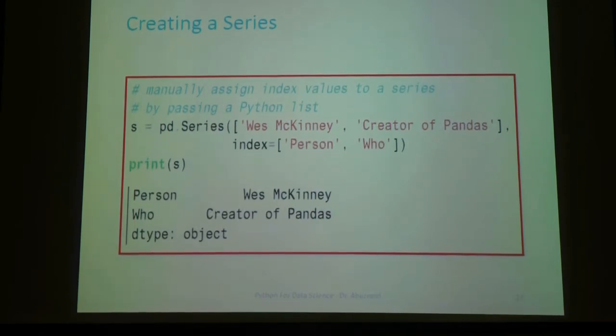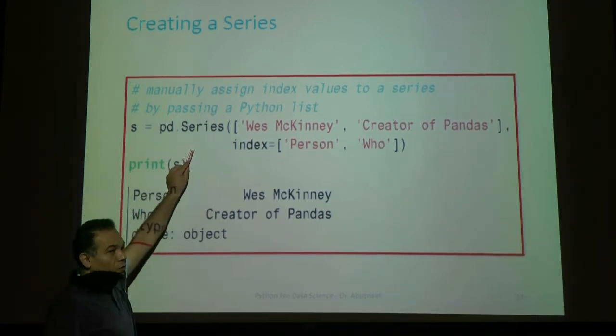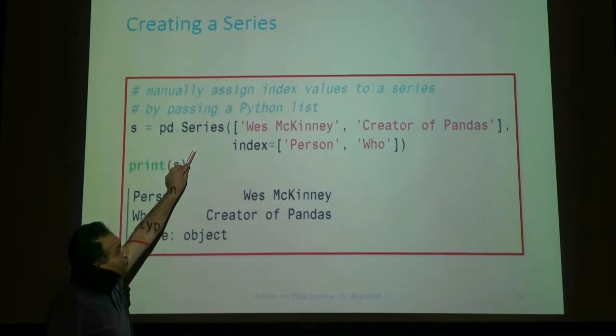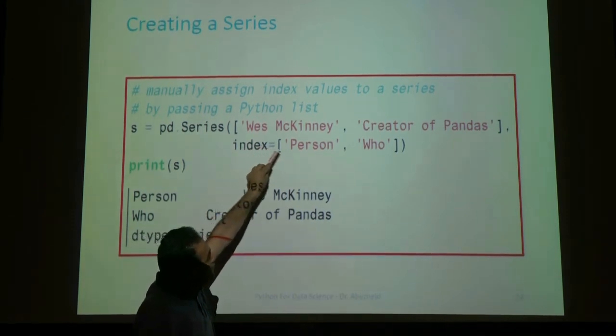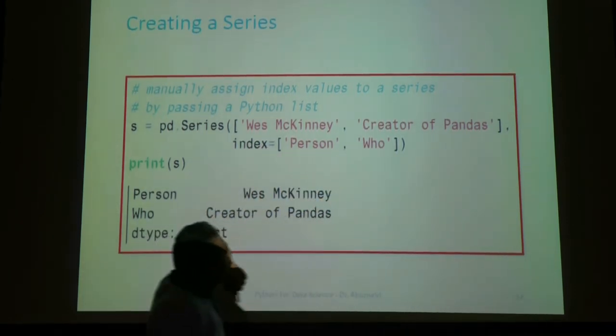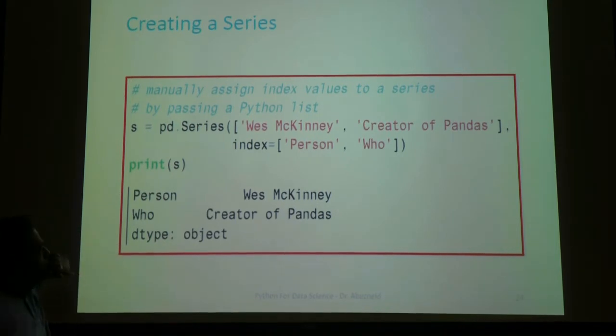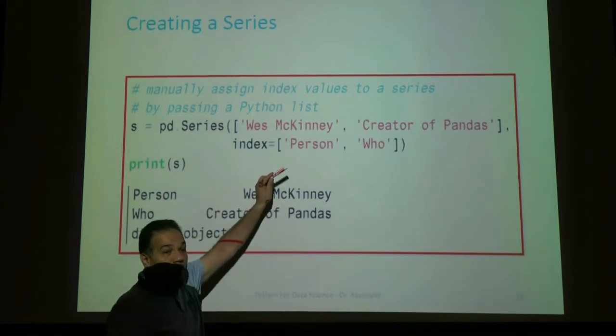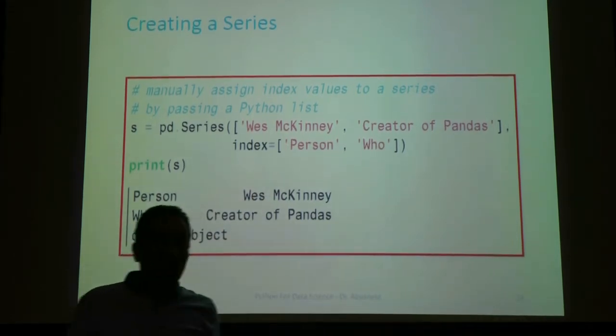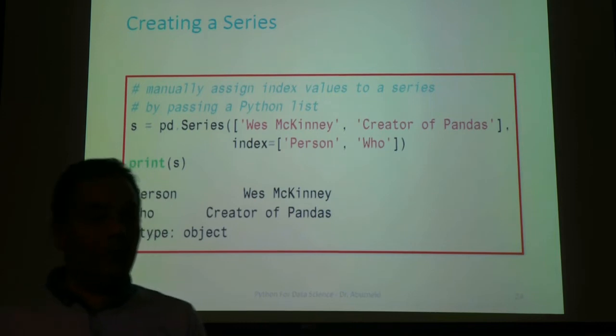In this example, maybe it will make it clear how we assign an index. Remember, it's the index label. I'm using the Series function to create a series. The first element is Wes McKinney, the second one is creator of Pandas, and I set the index. Now the index does not equal the index number.